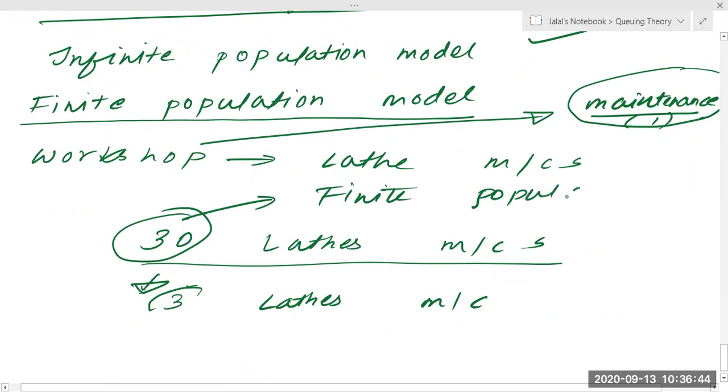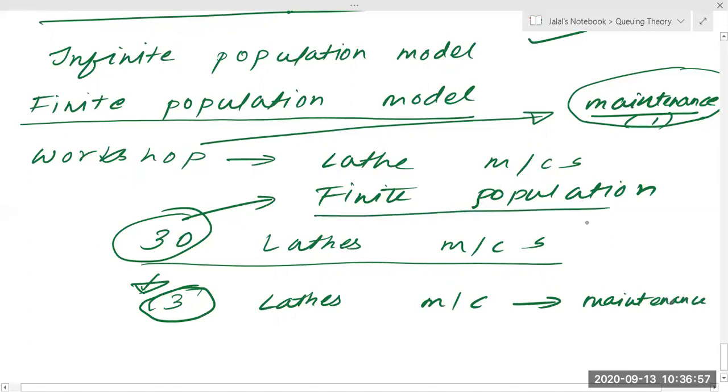Across this finite population there are 3 machines which require maintenance. This kind of system is called a finite population model. This is not about the queue, but it is a part of the queue.